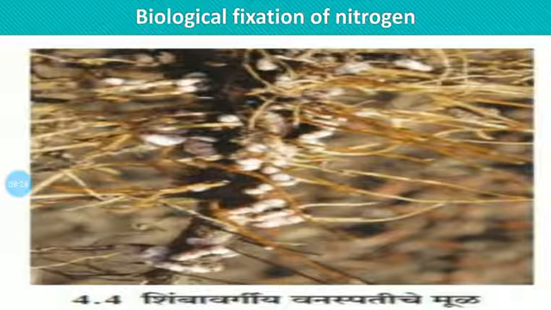Next, air contains gaseous nitrogen. However, plants cannot utilize gaseous nitrogen. It needs to be fixed, that is, converted into a compound. Nitrogen is an element that needs to be in compound form. Fixation of nitrogen occurs by biological and atmospheric methods. With the help of the atmosphere, this nitrogen is converted into compound form.